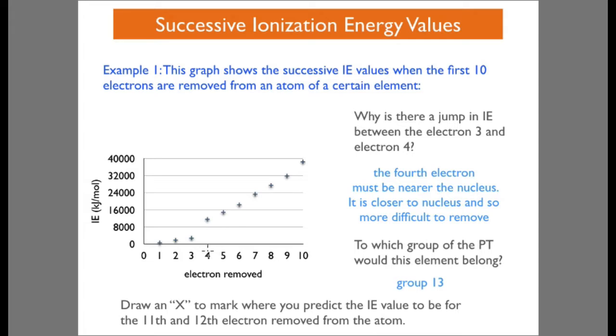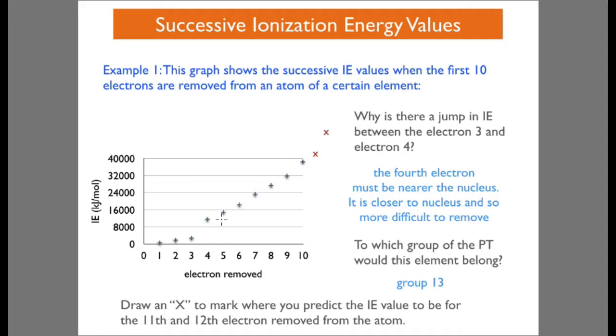Draw an X to mark where you predict the ionization energy values to be for the 11th and 12th electron removed from the atom. This is where I think they are. Why is that? Well, think about it. This one here would be the first electron removed from the p orbital.